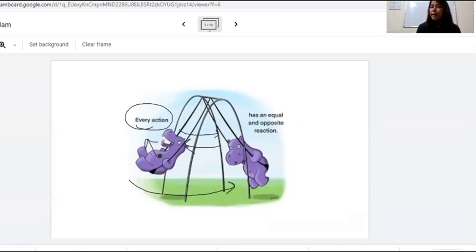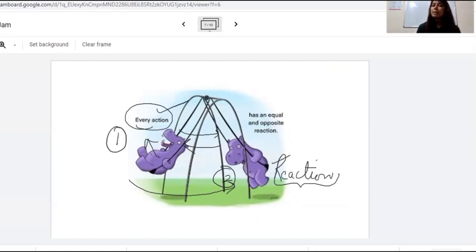Okay, when this animal is providing the force on the swing, he did some action on this swing. But in turn, this swing applies some reaction force on this animal. That's why we can say here the reaction is acting in this stage. This is the first stage, this is the second stage. In the second stage, some reactions are acting on this animal due to this swing.